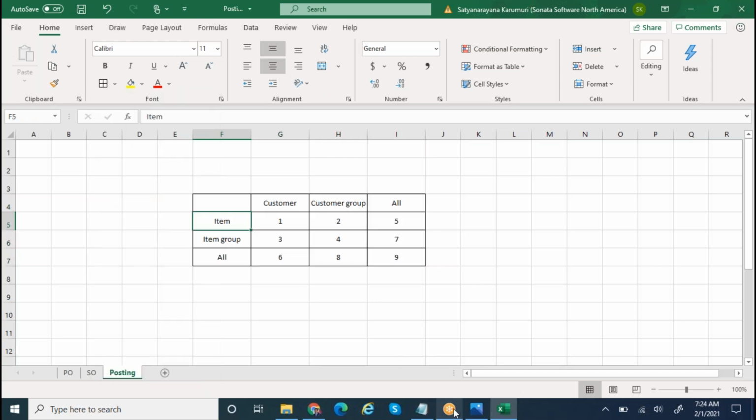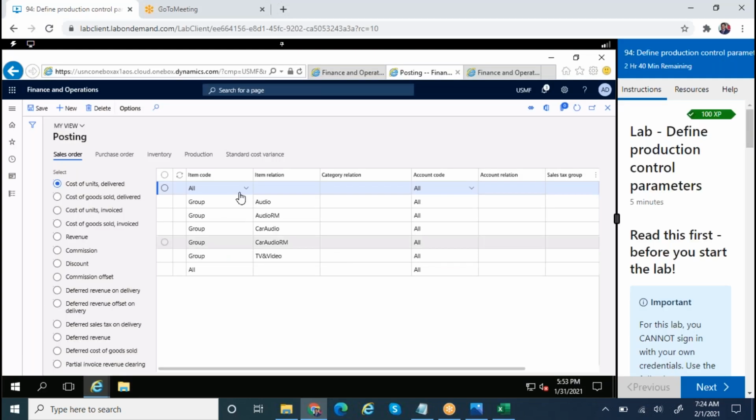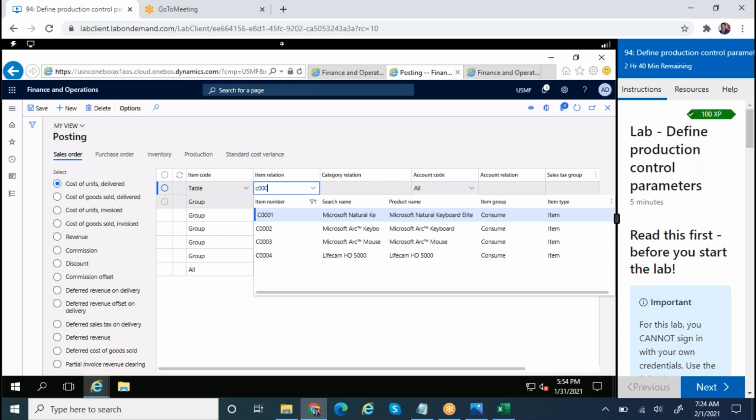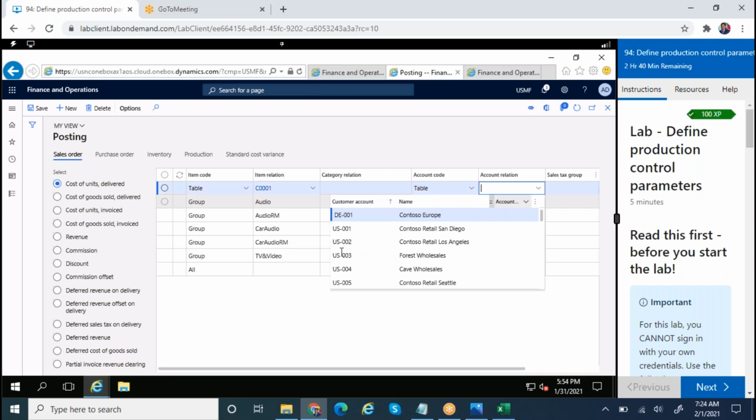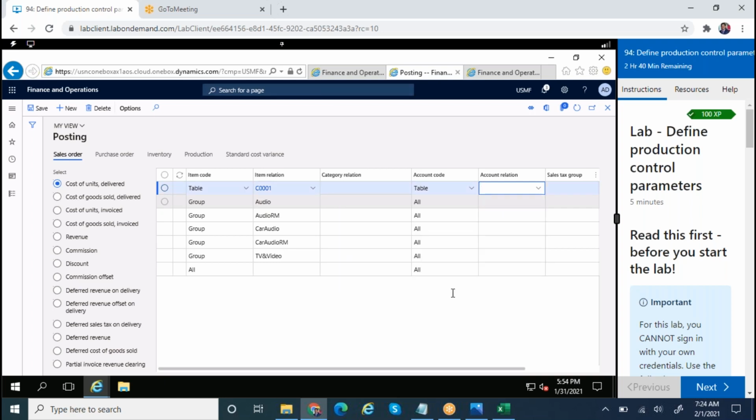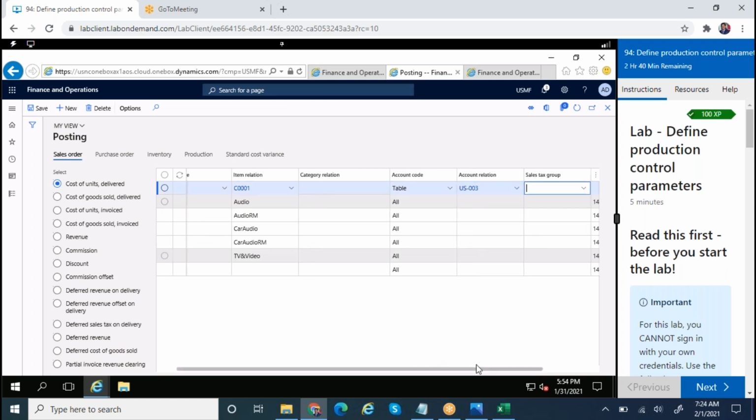The first priority is always postings. If you select table item, for which item you want to do it, suppose C001 something, and here customer US003, I can map ledger account.